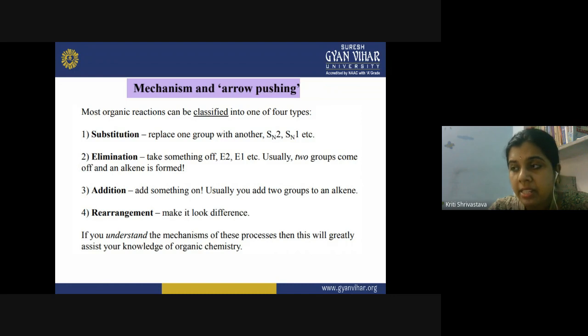If a carbon has groups on four valencies, you cannot add anything else, because you cannot exceed the valency of the carbon from 4 to 5. So it is not possible that saturated hydrocarbons show additions, right? For saturated compounds, all the carbons have four groups on their four valencies. So in that case, you will see the substitution reaction, or you can see the elimination reaction.